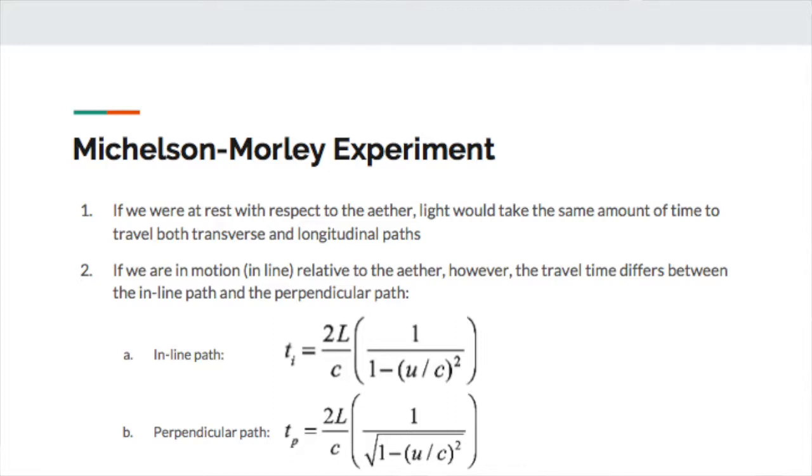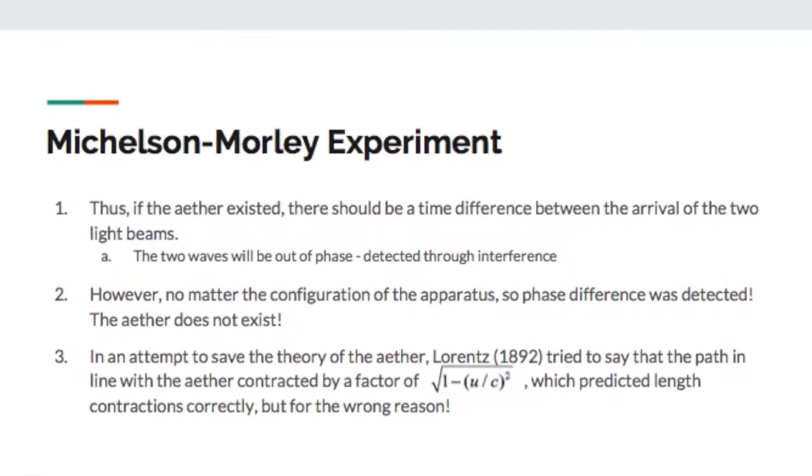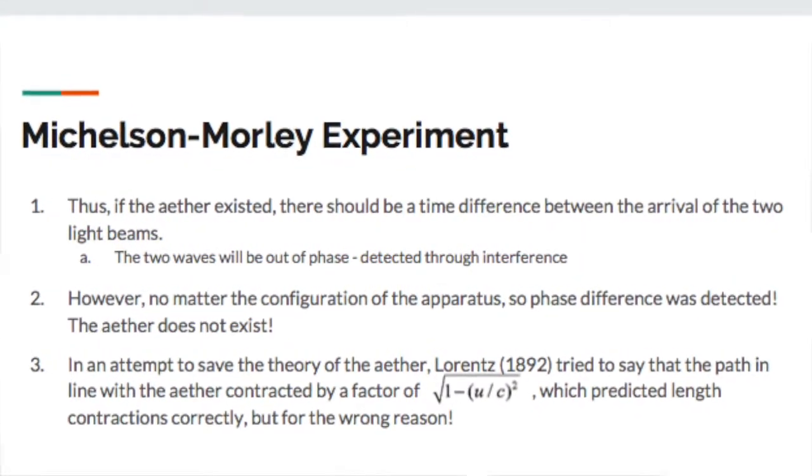Where L is obviously the length that it has to travel, c is the speed of light, and u is the apparatus's speed with respect to the ether. The perpendicular path, the transverse path that we had seen before, takes a time tp. And so they differ by a factor of the square root of 1 minus u squared over c squared. So they should be able to measure that phase difference when the two light beams come out of phase to the detector.